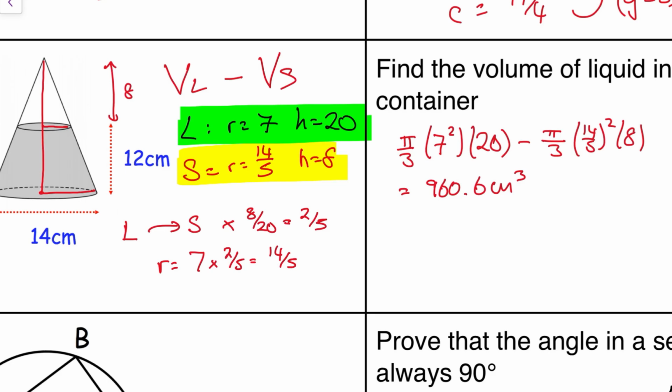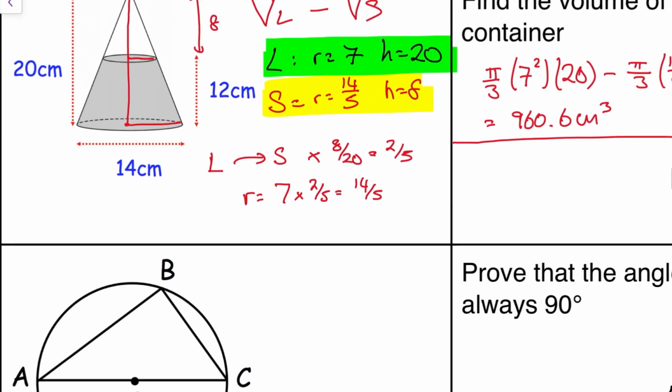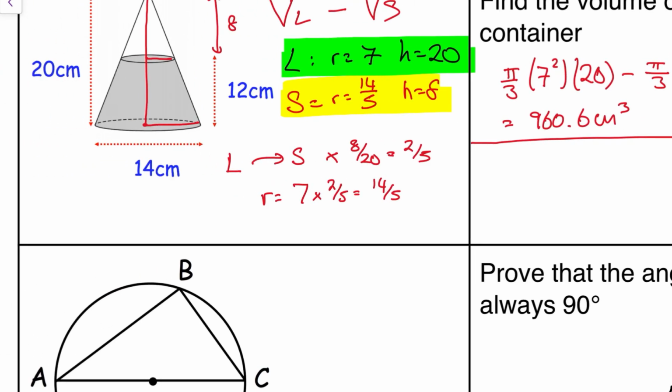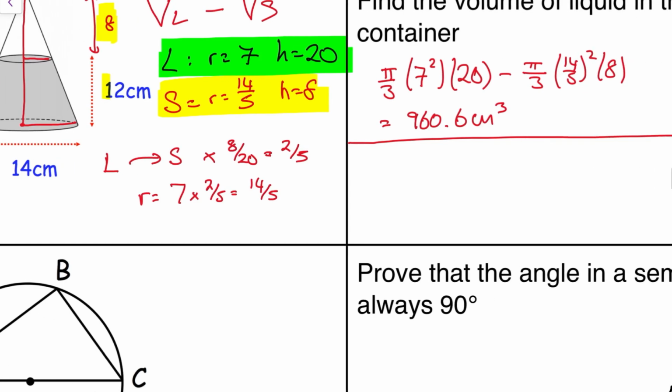Now, as I was midway through that question, I realized there's probably a quicker, cleverer way of doing it, isn't there? So I'm going to show you the other way, and arguably that's a little bit easier. So I'm going to go back to two numbers that I said. Let's consider the height of the small cone, which is 8, and the height of the big cone, which is 20.